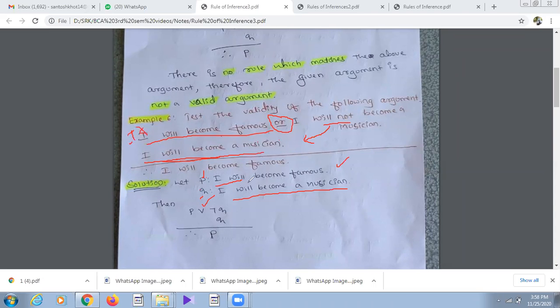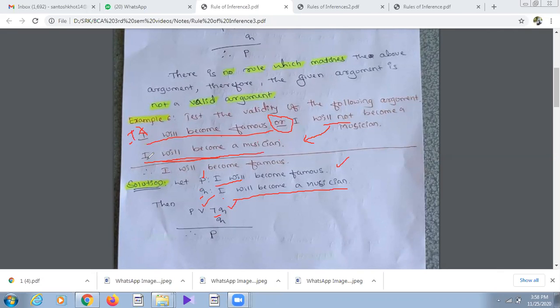Here or is there, so you use the disjunction symbol. Next, I will not become a musician. Here we have I will become a musician, so the opposite of that means negation Q. So the first premise we denoted is P disjunction negation Q.